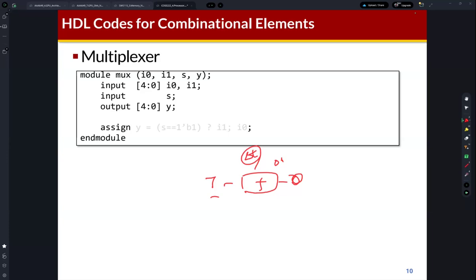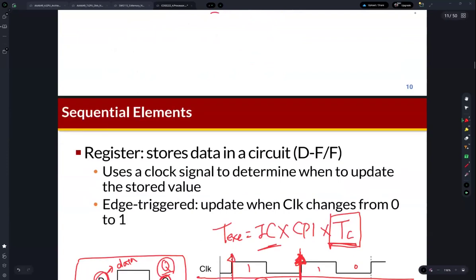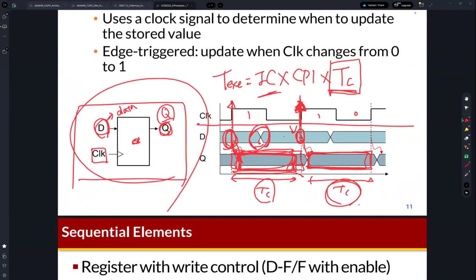So we design the system using D flip-flops. Using D flip-flops, we can set the timing of data based on the clock signal, which means we can control the timing of signals using the clock signal. Okay.